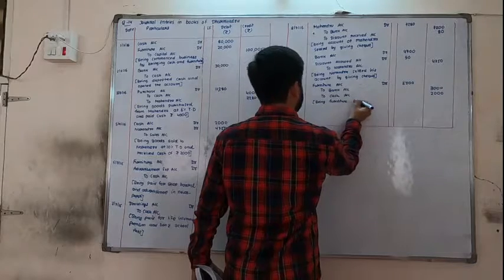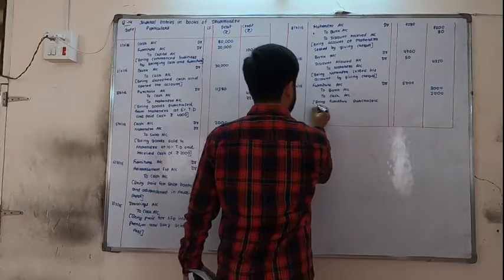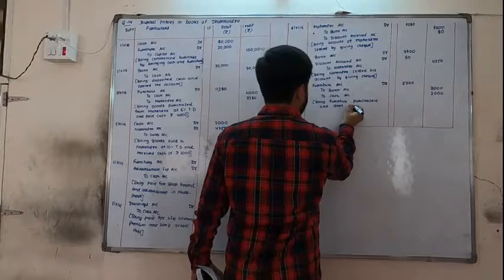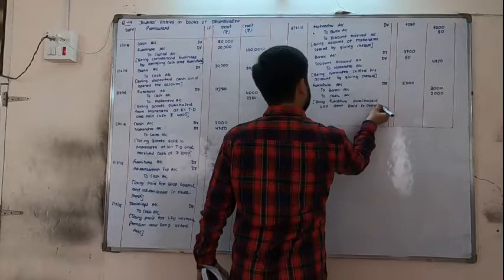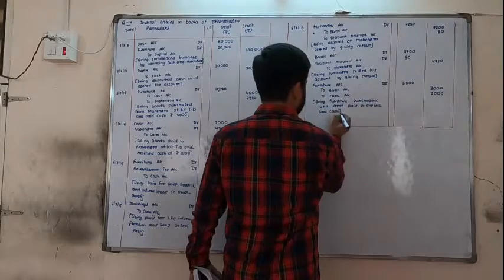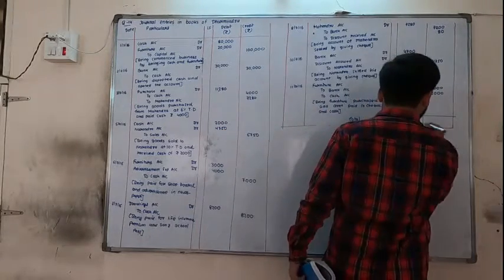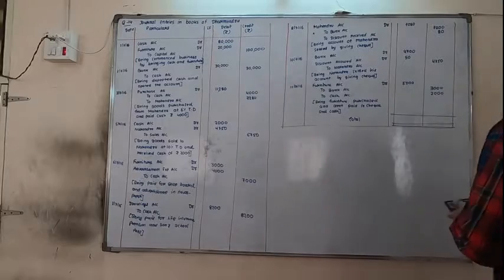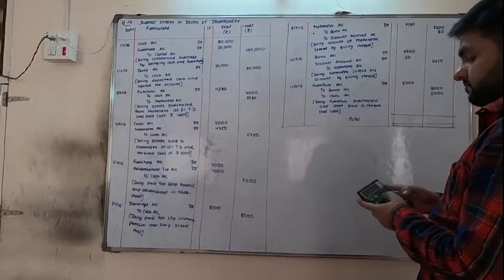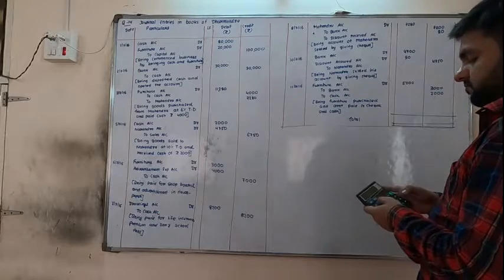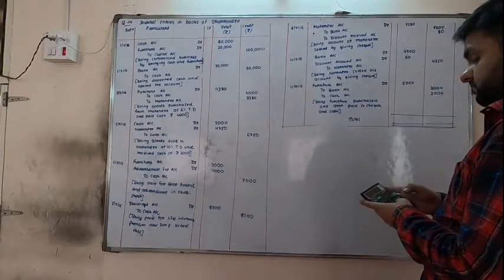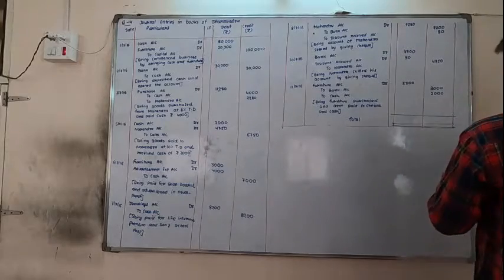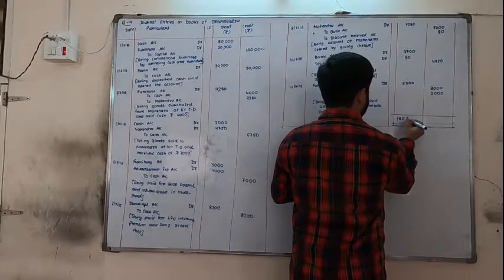Being furniture purchased and amount paid in check and cash. Total 1,80,260.